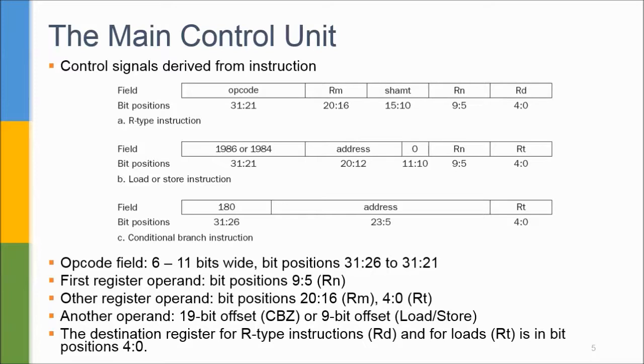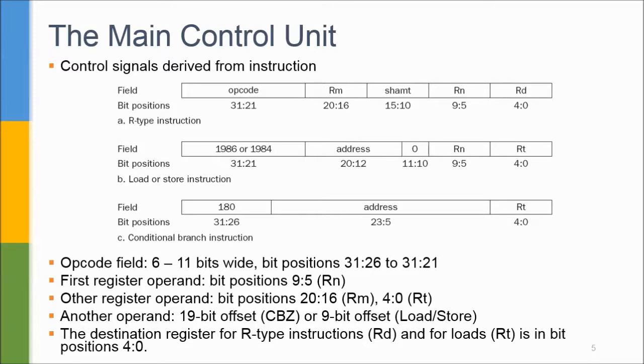The three instruction classes are R-type, load and store, and the conditional branch. They use three different instruction formats. The first one is the instruction format for R-format instructions. In these instructions we have three register operands: Rn, Rm and Rd.